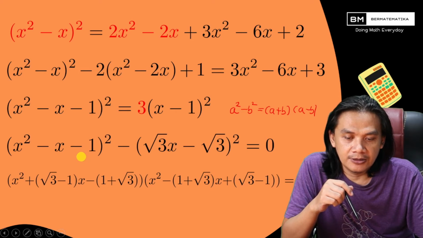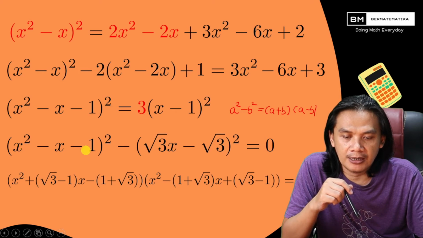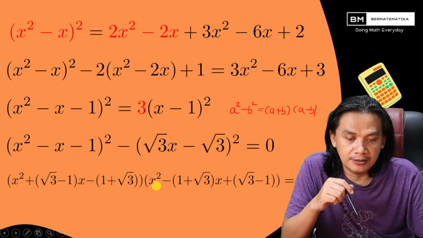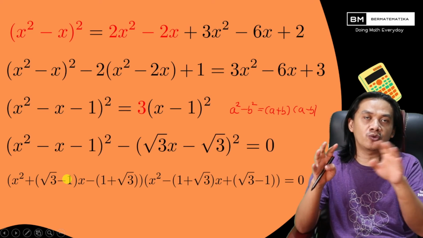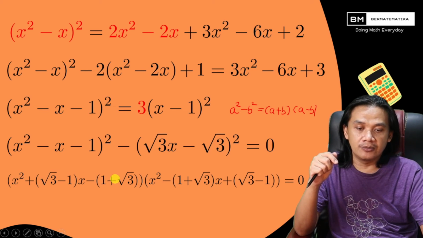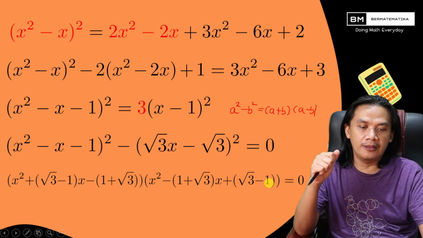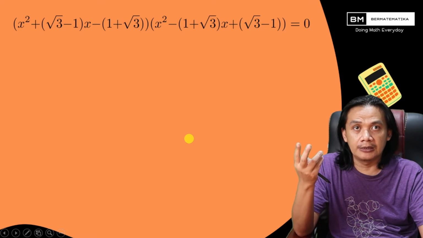If we add this and that, we get this expression, and if we subtract this from this expression, we get the other one. And this product of two quadratics is equal to 0. So therefore, either this is equal to 0 or that is equal to 0. So we have two cases.